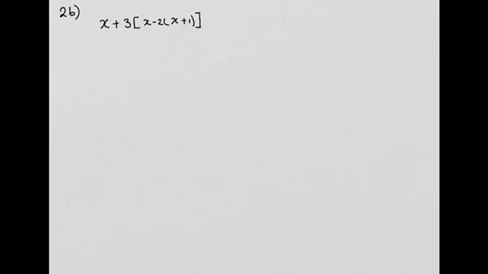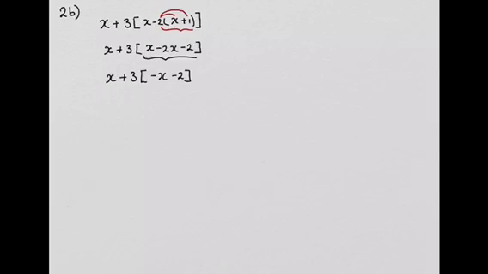Once again, we'll perform the operation and simplify completely. The first thing we will do is the innermost parentheses, which is this portion here, and I'm going to distribute that negative 2 to everything on the inside. Notice as I distribute, the parentheses goes away because I'm distributing. Then we'll combine like terms in the brackets, and that's going to give me minus x minus 2.